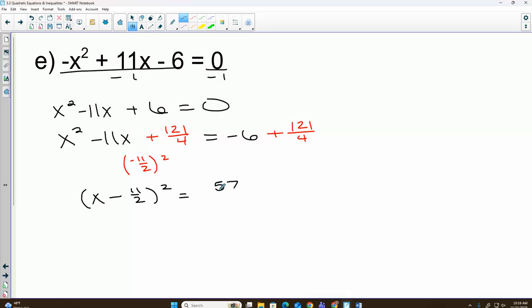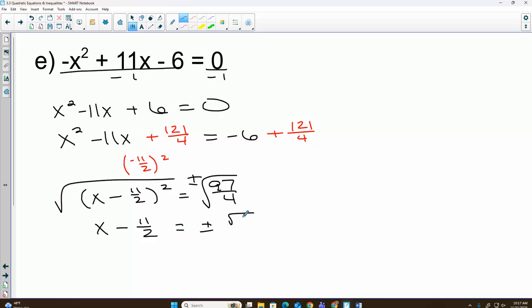So what you guys got? 97. Okay. So then we square root, plus and minus. Does 97 break down? No. But the square root of 4 is 2. So we get 11/2 plus and minus radical 97/2.